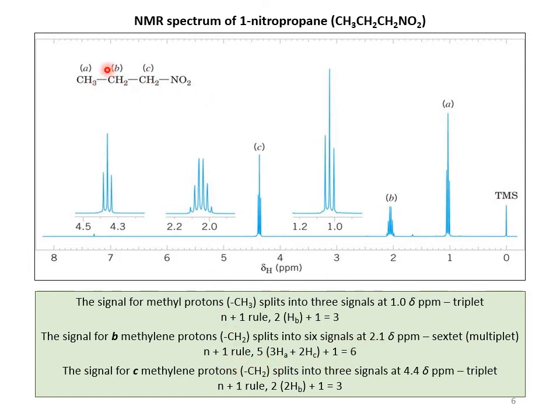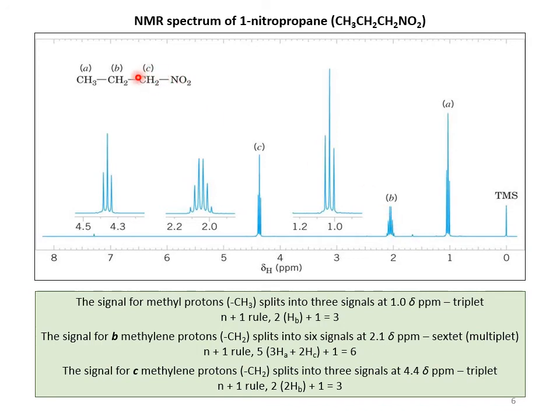So the signal for this methylene proton splits into 6 signals, which is called a sextet, and it is also referred to as a multiplet. Since there are 5 adjacent protons, the signal for this methylene proton splits into 6 signals.